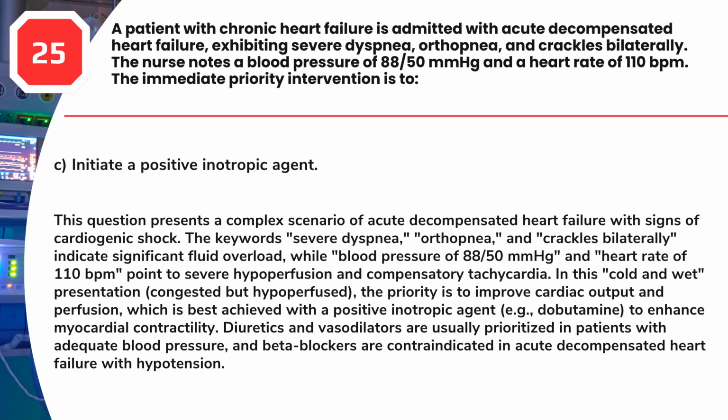In this cold and wet presentation, congested but hypoperfused, the priority is to improve cardiac output and perfusion, which is best achieved with a positive inotropic agent, e.g., dobutamine, to enhance myocardial contractility. Diuretics and vasodilators are usually prioritized in patients with adequate blood pressure, and beta blockers are contraindicated in acute decompensated heart failure with hypotension.